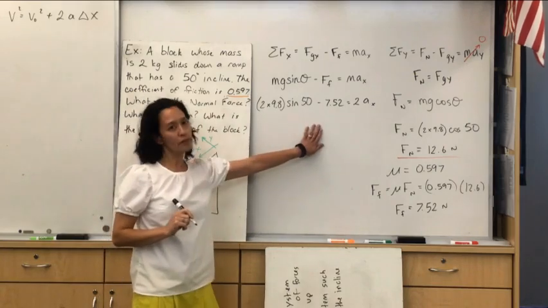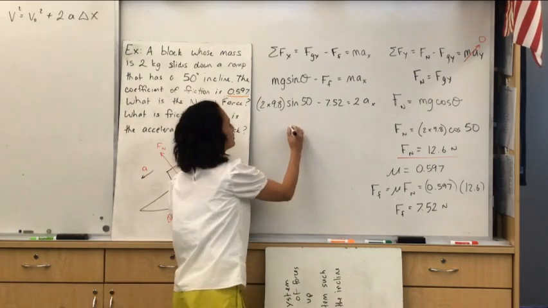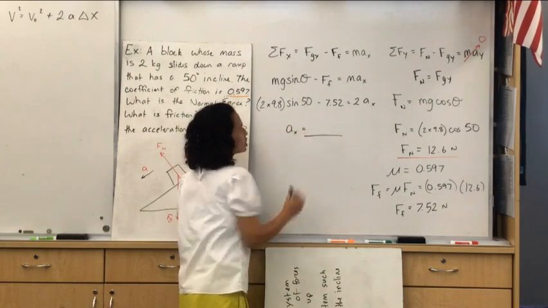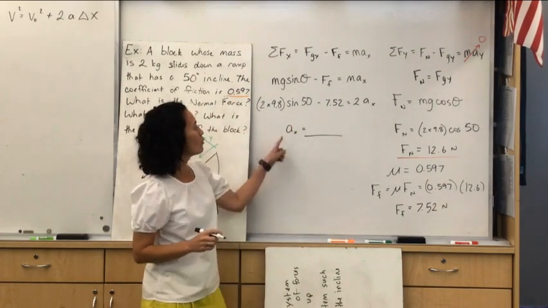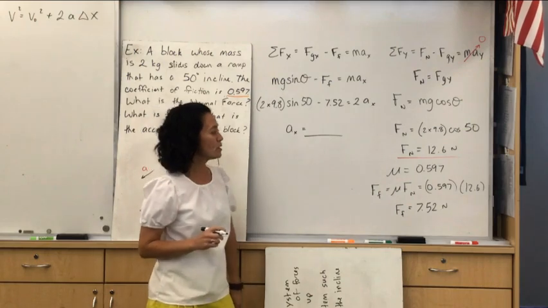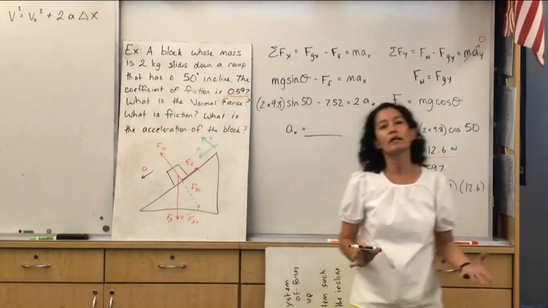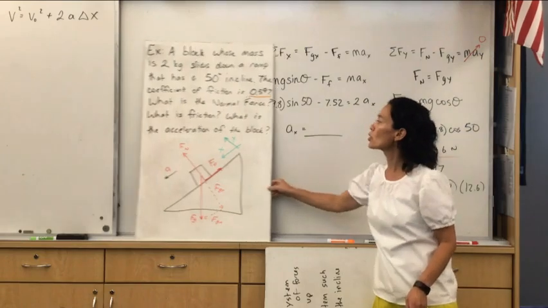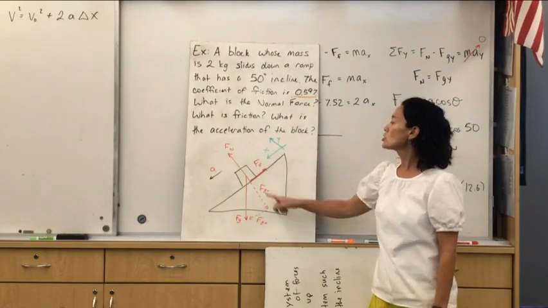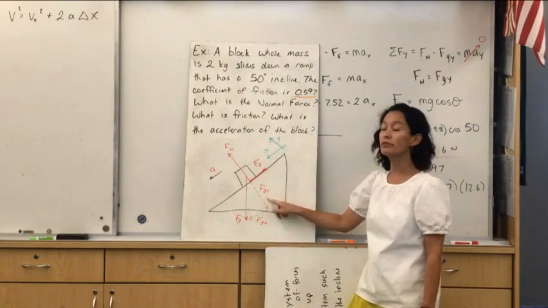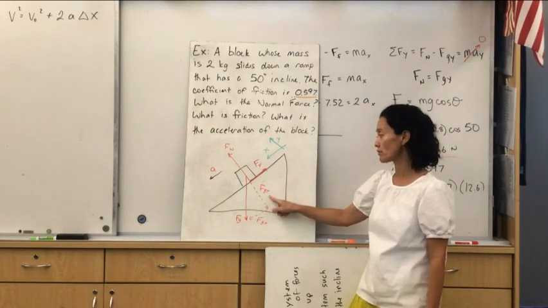You should be able to solve this. I'm not going to give you the value. We'll come back to class and you're going to tell me, and we'll see if we agree on what that value is. So again, the key idea with things on an incline is that you have to rotate your coordinate system such that you break up FG into an FGX and an FGY.